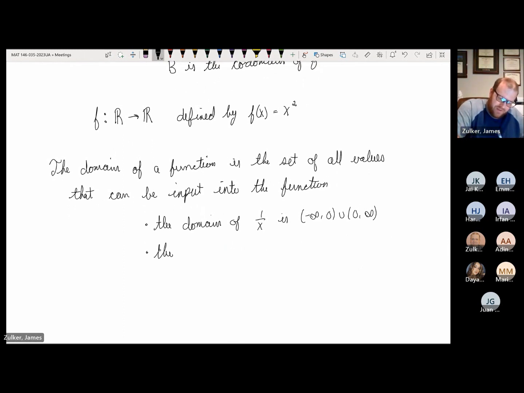Another example. The domain of the square root of x is all real numbers, 0 and larger. Right? So the half closed interval 0 to infinity.